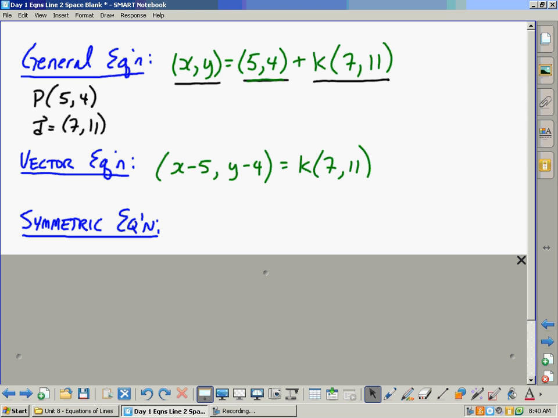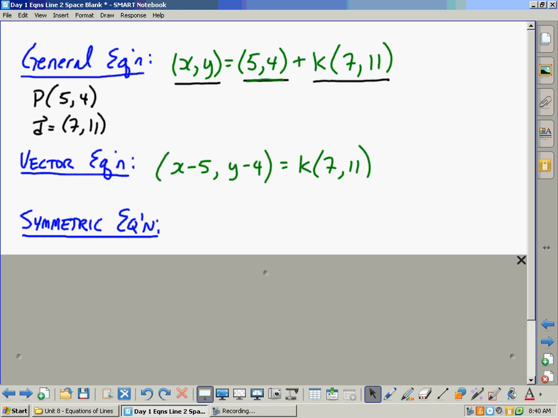Next, we have the symmetric equation. The symmetric equation says that if you have this one from the vector equation, your k is going to be the same for every point on that line. And so we can isolate k by itself by doing division. So you see it's k times (7, 11).